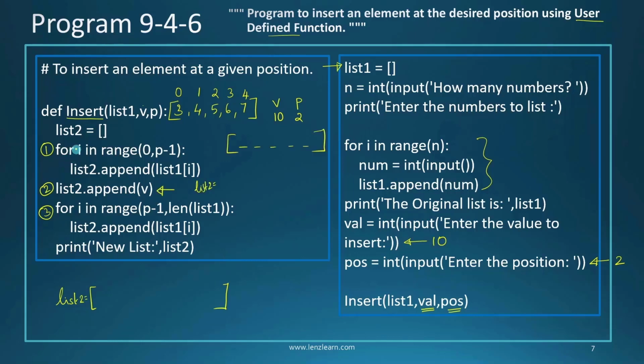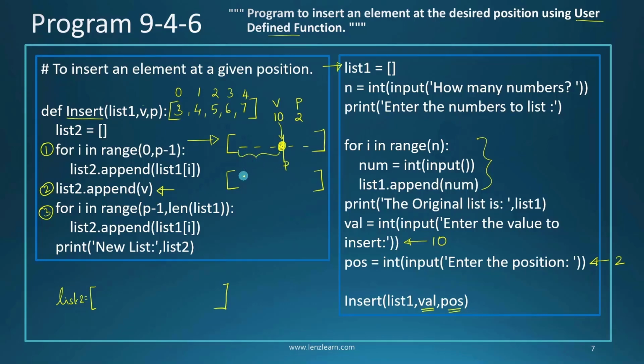Now just for logically understanding these 3 units inside the insert function, let's assume this is our input list. It has some values inside it, and for example we will say value 10 has to be inserted into this location. This is not position 2, I am just saying for an example that value 10 should come here. Now when I create my output list, the first for loop will copy all the values before this position p.